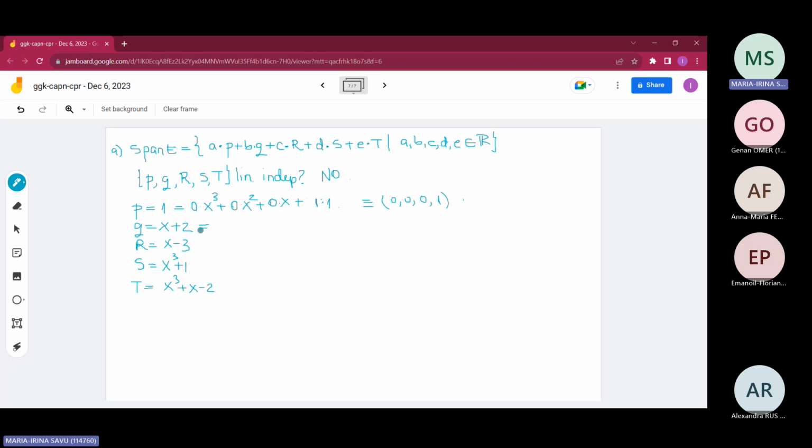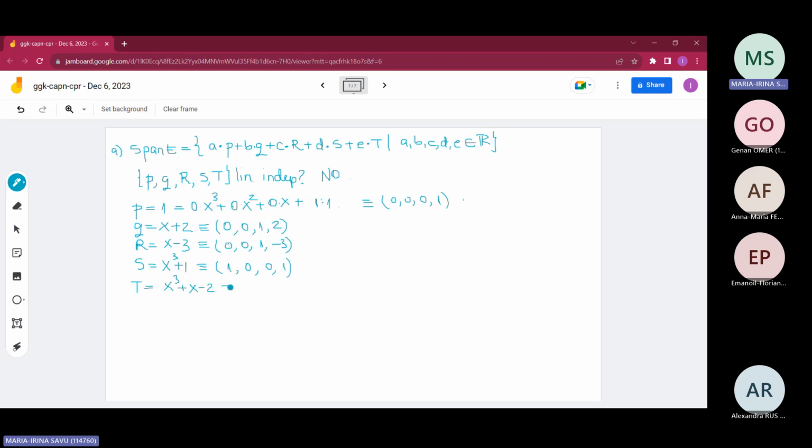Then for this one, you have what vector? 0, 0, 1, 2. Exactly. For this one, you have 0, 0, 1, minus 3. For this one, you have 1, 0, 0, 1.